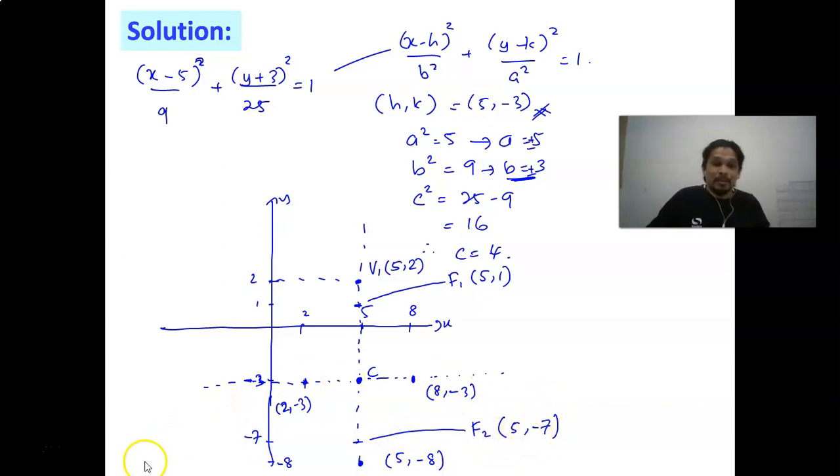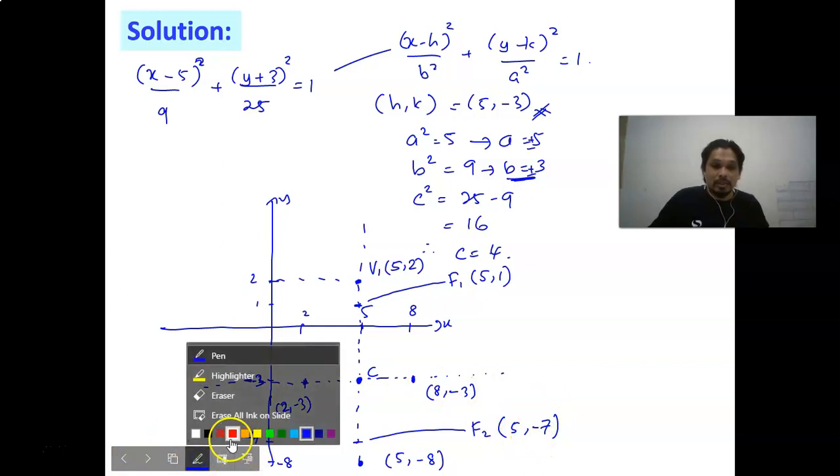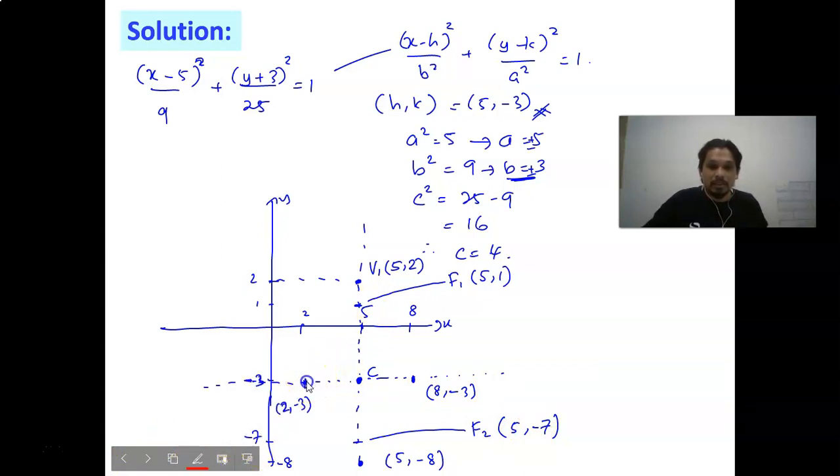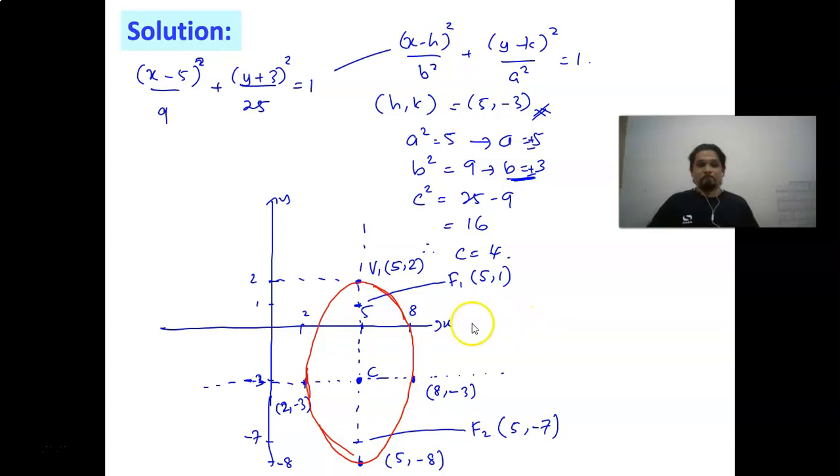Okay, so if I use a different color here, it will be something like this. Okay, something like that. There you go.